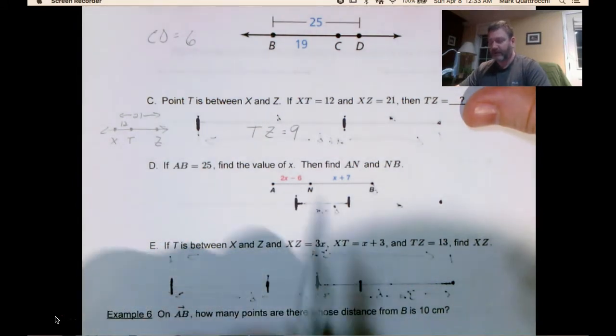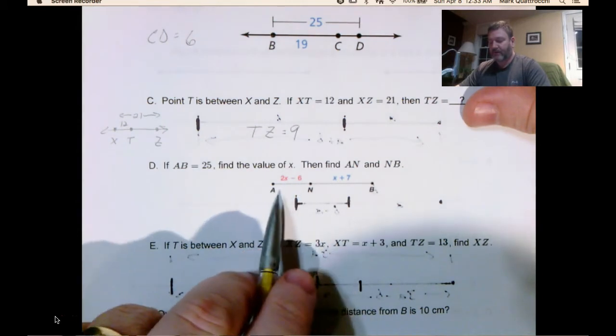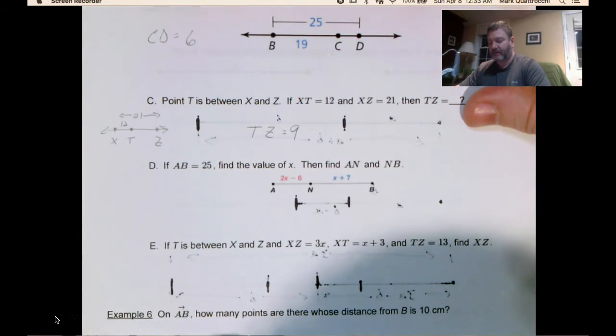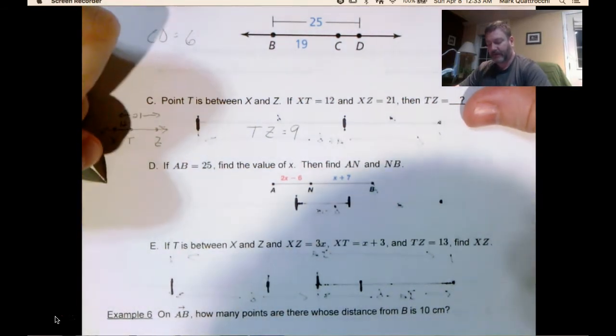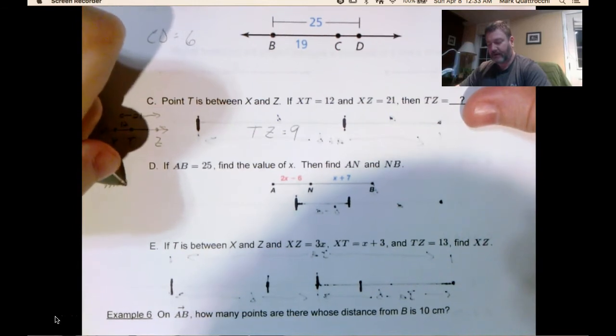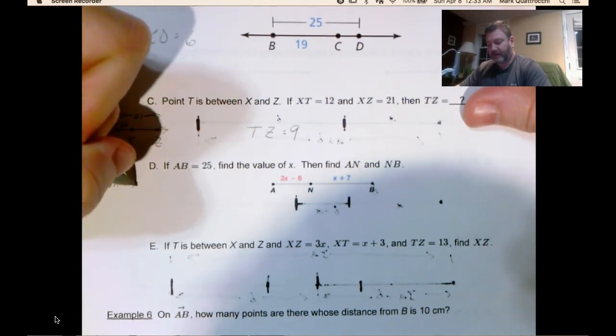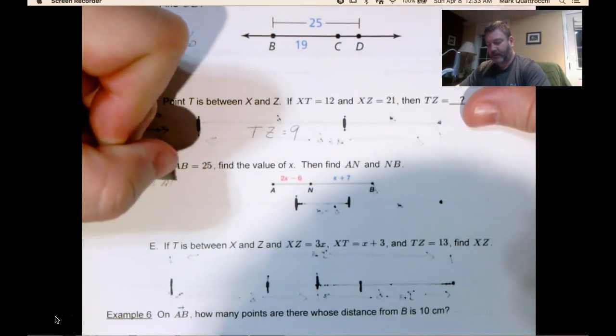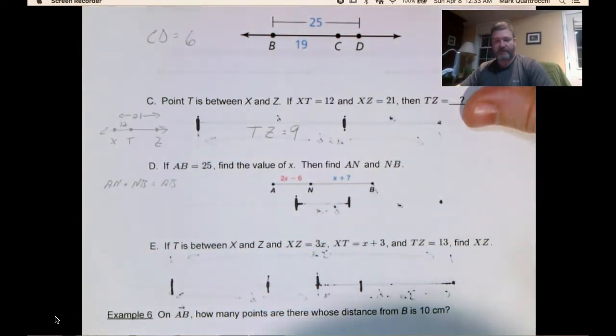To find the value of X, we need to know that segment AN plus segment NB equals segment AB. Let's write that out. The measure of segment AN plus the measure of segment NB equals the measure of segment AB. Well, what's the measure of segment AN?